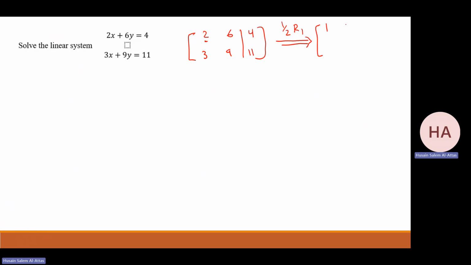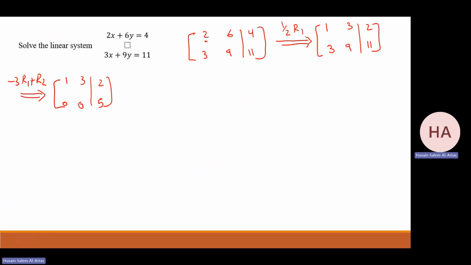So I have 1, and I don't have a fraction. 3, 2, 3, 9, 11. Now what I will do, multiply the first row by minus 3 and add it to the second row. What will you get? The first row, no change. Multiply by minus 3 and add, that will be 0. Minus 3 and add, that will be 0. Minus 3 and add, that will be 5.